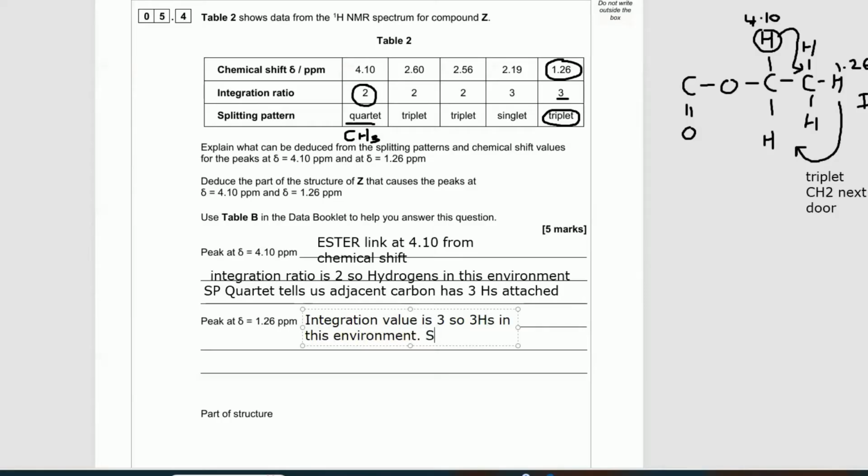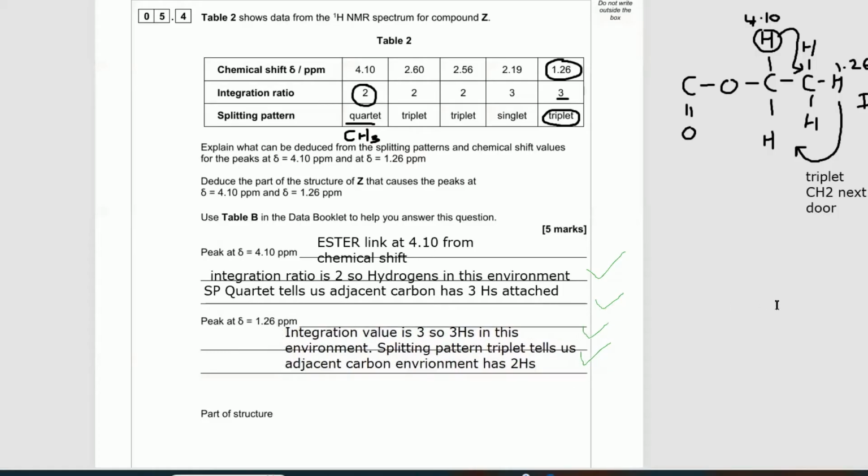I can't fit all this in. Splitting pattern triplet tells us the adjacent or neighboring carbon environment has 2 H's. So it makes perfect sense that we have an ethyl group here, a CH3 and a CH2. And judging from the shift at 4.10, we could tell that it was an ester link.